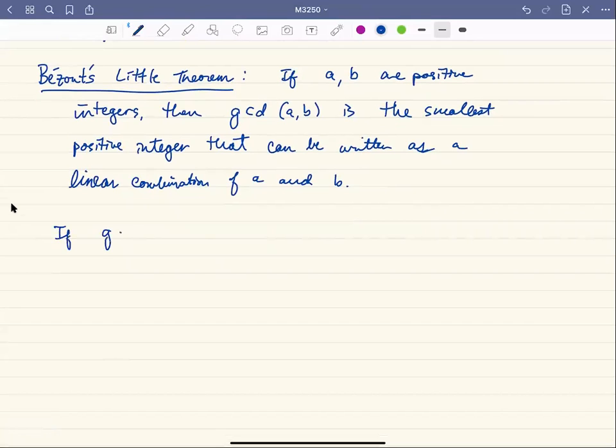If we take the GCD of A and B and we write it as a linear combination of A and B, here, remember, everything are integers. So our X and Y and B and A are integers.